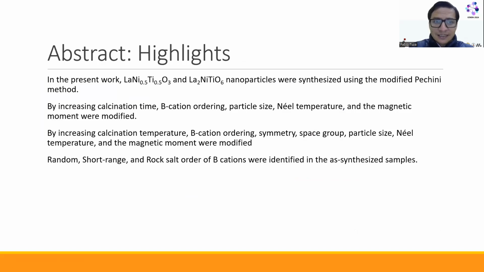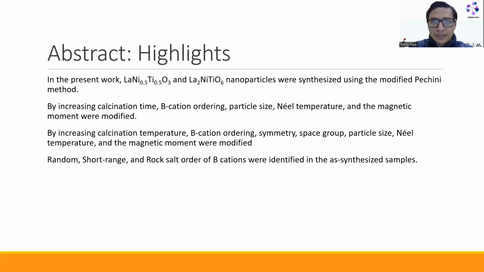By increasing the calcination temperature, all of the previously mentioned parameters, along with the symmetry and the space group, changed. Random short-range ordering and rock-salt ordering of the B cations were observed for the as-prepared samples.